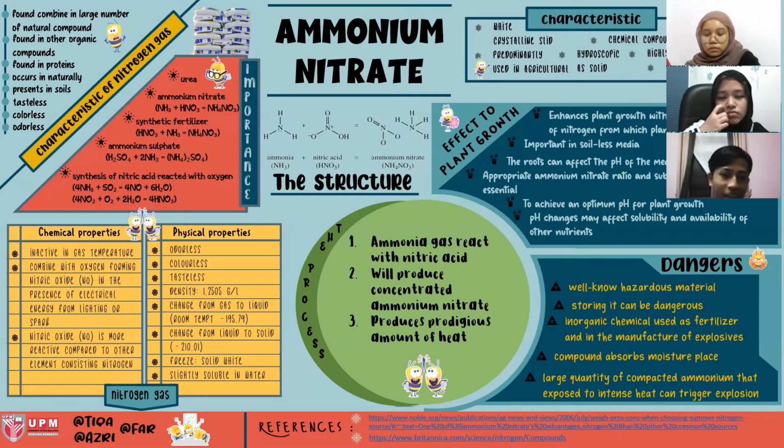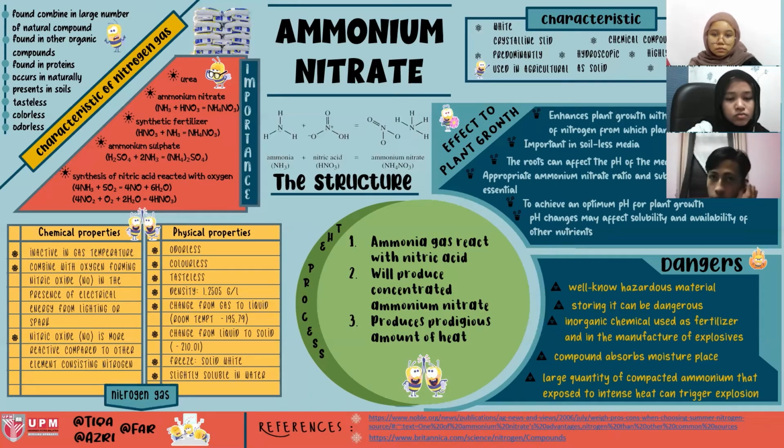Sure, Far. Now I would like to explain the effect of ammonium nitrate on plant growth. It's a well-known fact that plants need sufficient nutrients to grow, and that these nutrients need to be applied in the right proportions. Too much or not enough of one or several nutrients may interfere with the plant's development.